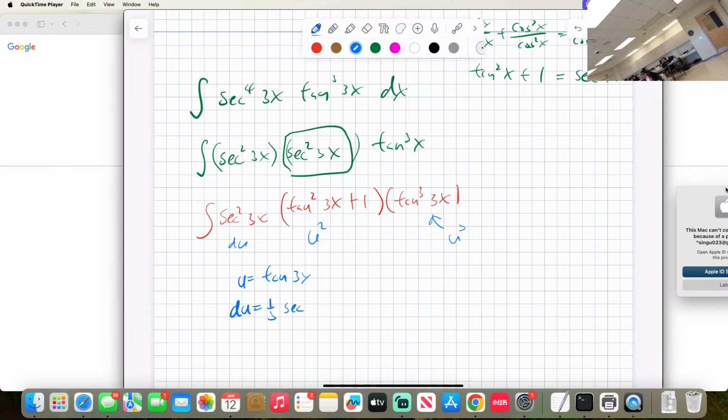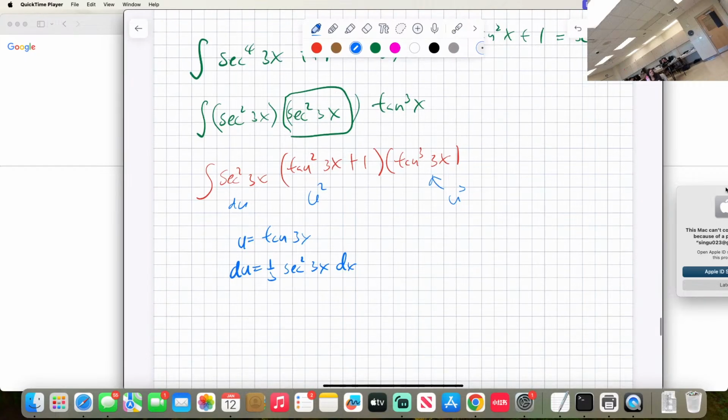One third secant square of 3x dx. So if I solve for dx, dx is equal to 1/3... sorry, 3 over secant square of 3x du.